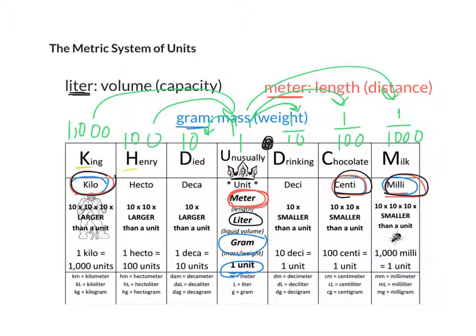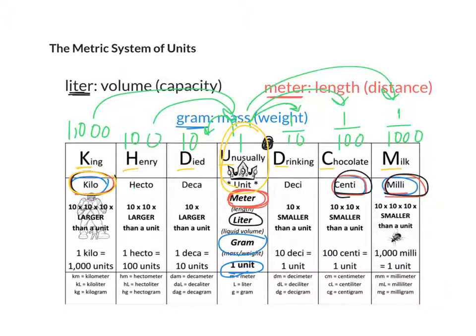King Henry died unusually drinking chocolate milk. The K tells you that's kilometers or kilos. Henry is hecto. Deca is died. Unusually stands for the 1 unit. Okay. Drinking is deci. Chocolate is centi. And milk is milli. King Henry died unusually drinking chocolate milk.